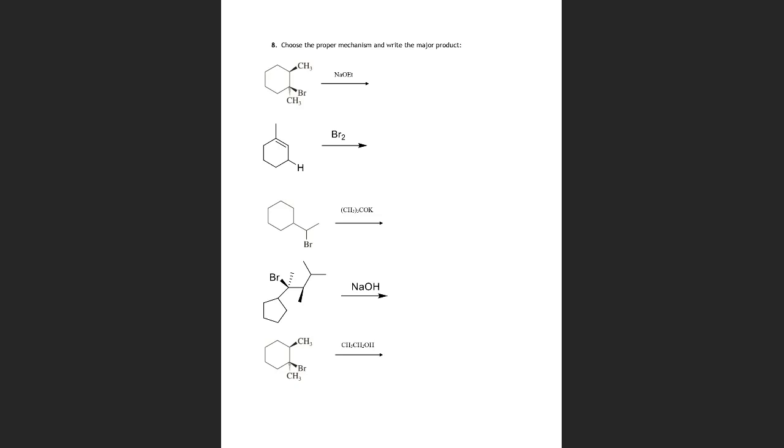But for these questions, I'm going to have a rolling poll. I'm going to ask which mechanism: SN2, SN1, E2. All right, so y'all should be able to see this poll. It's a rolling poll, which means y'all can change your answers at any time.